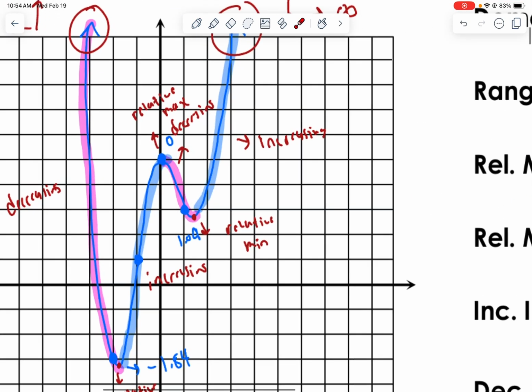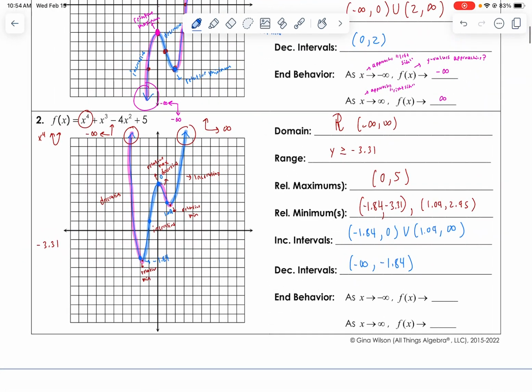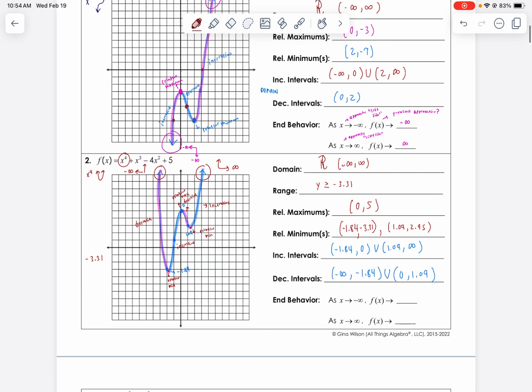And then we start to decrease in between, so from 0 to 1.09. And once again, because we're thinking about intervals here, we'll put a union in between. All right, and that takes care of our increasing and decreasing intervals.